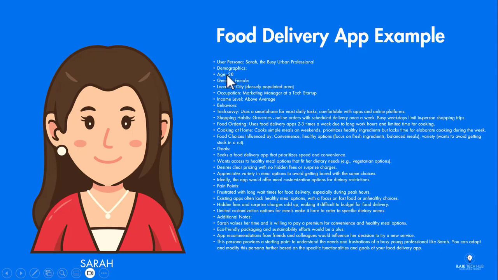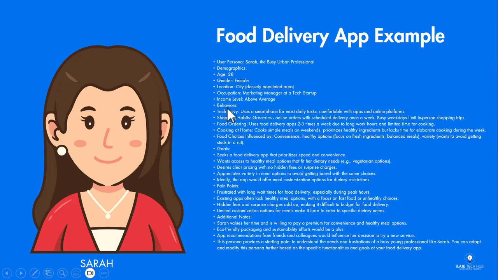These are the demographics. Her age is 28 years old. She is female. She lives in a city, let's say Lagos, for example. She works as a marketing manager at a tech startup, and her income level is above average.